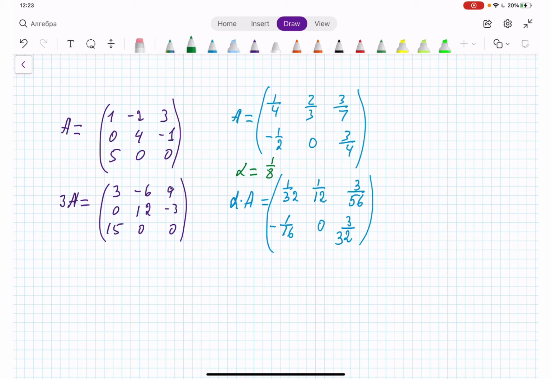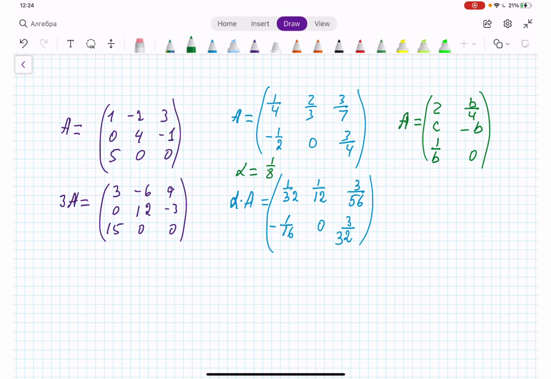Next one, we have matrix A equal to 2, C and 1/B. And here I have B/4 and -B and 0.